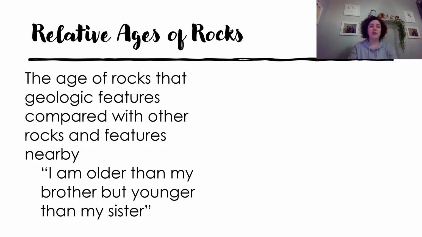So, relative ages of rocks. The age of rocks is determined by how geologic features compare with other rocks and features nearby. So it's saying, oh, that one looks like it may be older than that one because of its position. This is the idea of being able to say, I'm older than my brother but younger than my sister, without giving for sure how much older or how much younger.